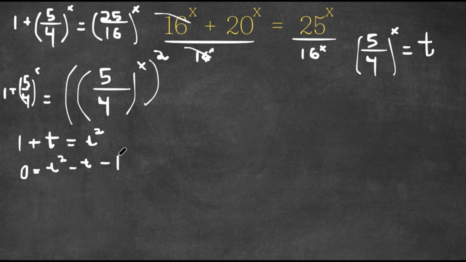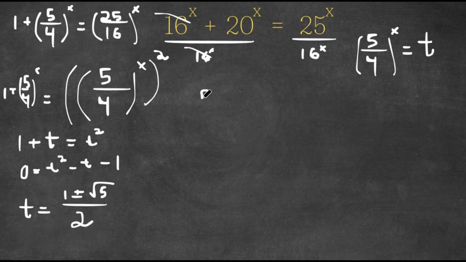And if I plug this into the quadratic formula, I would get t is equal to 1 plus or minus the square root of 5 over 2. So this means that we already have our value for t, 5 over 4 to the power of x.